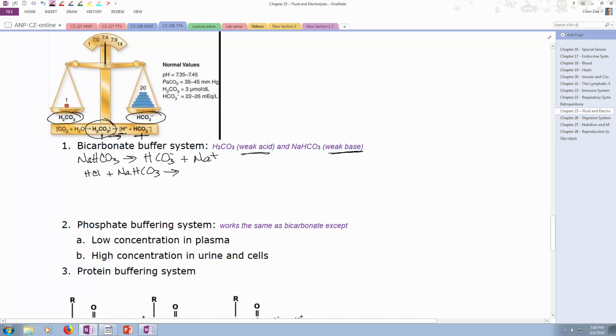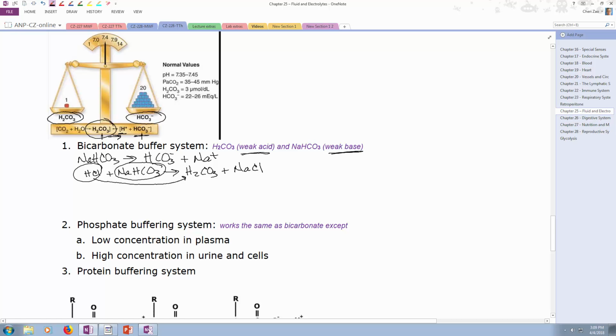When we combine this very strong acid with this very weak base, we will get a very weak acid, H2CO3, plus salt. So we've effectively buffered this really strong acid by making it a weak acid by the addition of this very weak base.